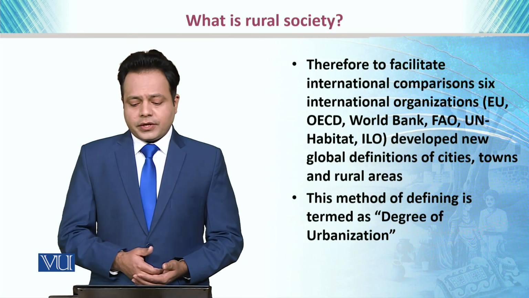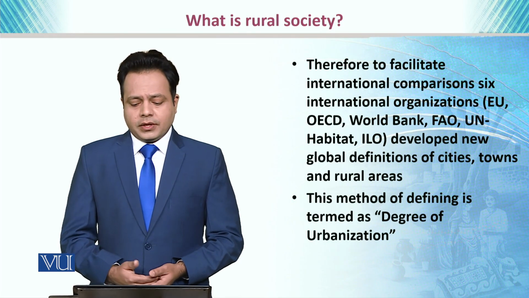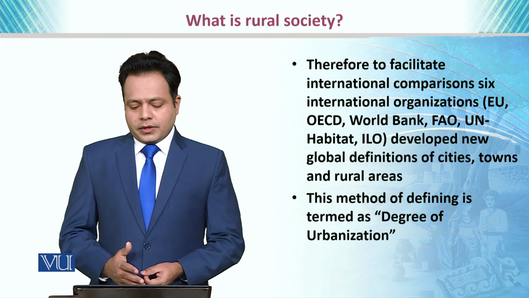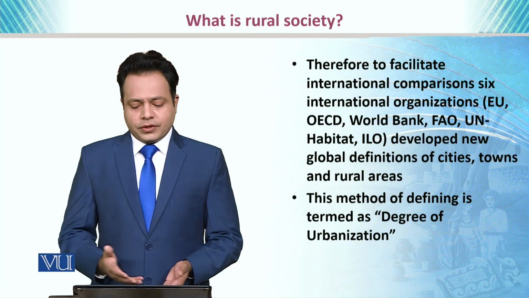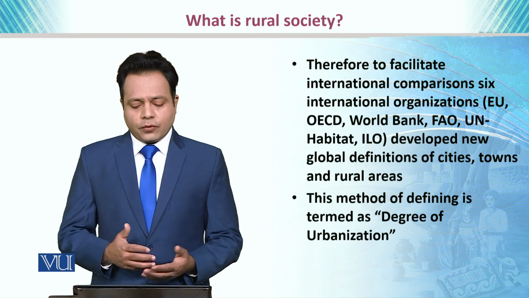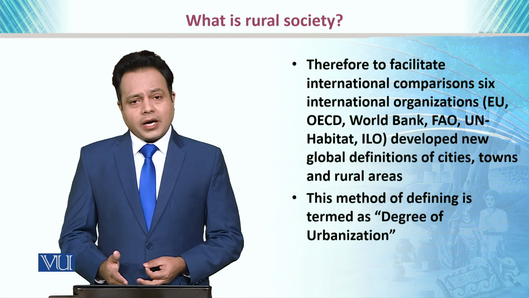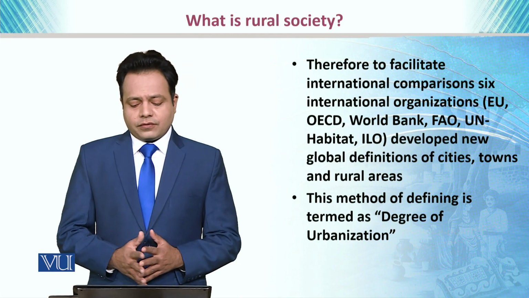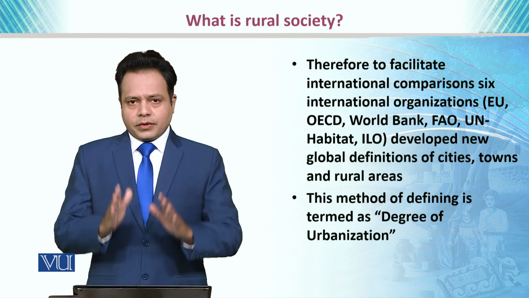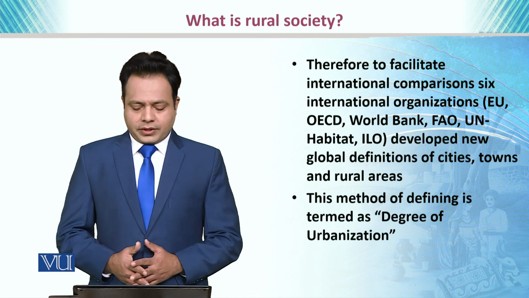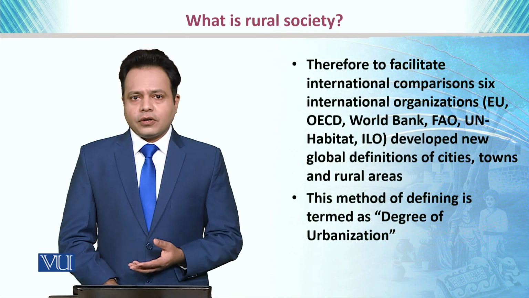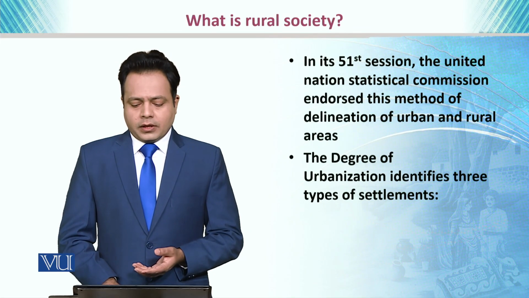Therefore, to facilitate the international comparisons, 6 international organizations like the European Union, OECD, World Bank, FAO, and ILO as well, they all developed a new definition of cities and towns based on a homogeneous criteria. This method of defining is called the degree of urbanization.